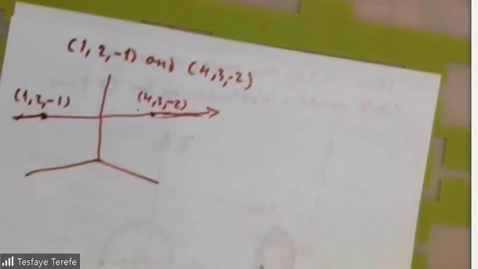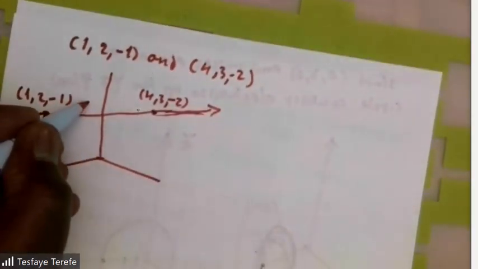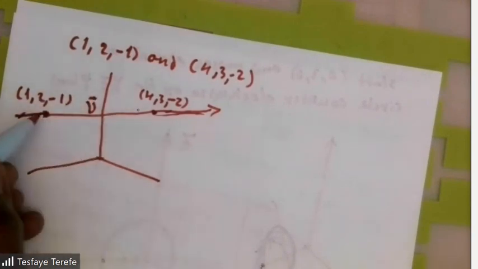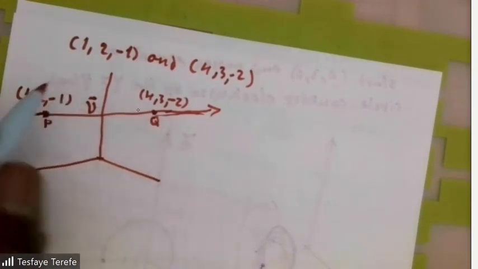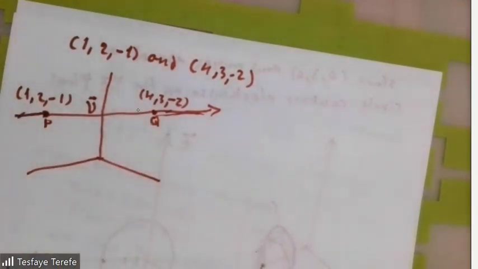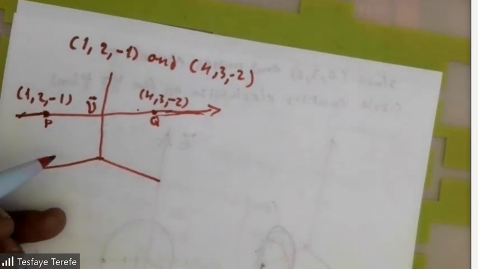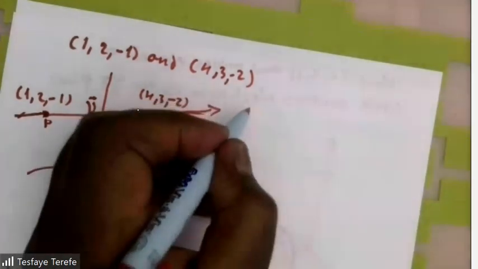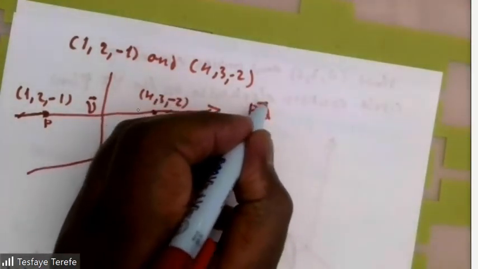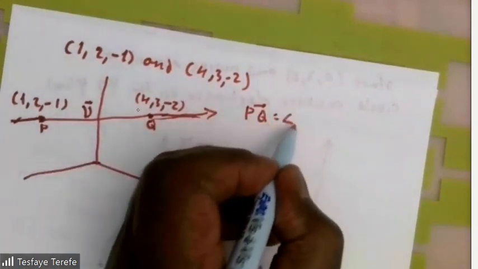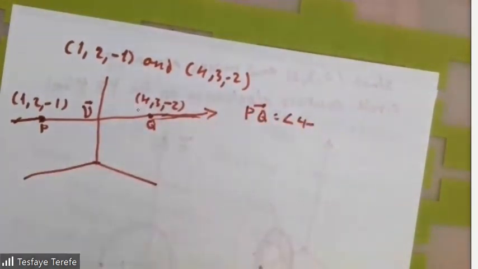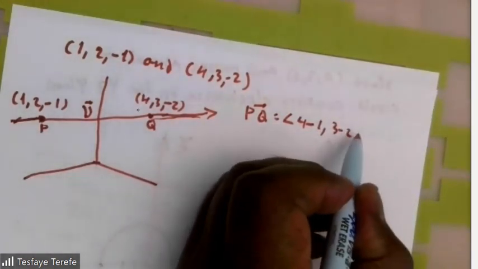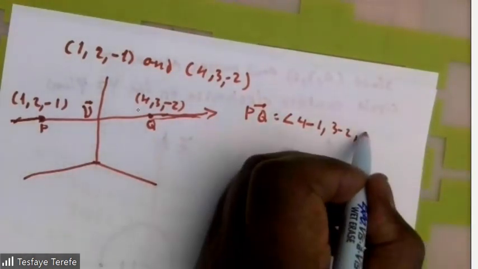Well, in the first place, I need to find V, this one, PQ. Let us call this one P and Q. And actually, it can be a scalar multiple of V. Then now, vector PQ equals 4 minus 1, and 3 minus 2, and then -2 plus 1.